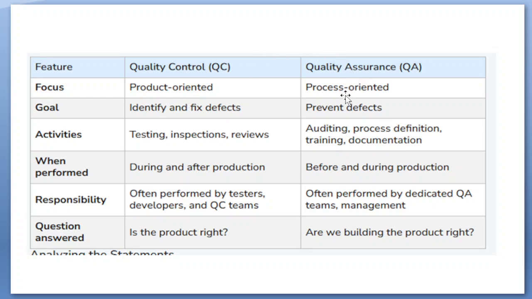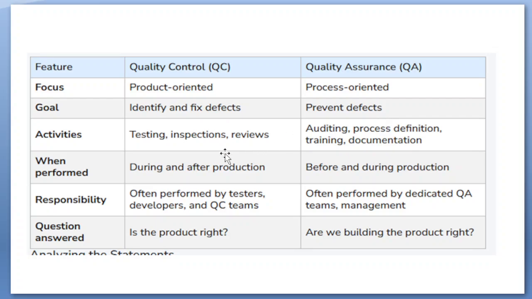But quality assurance is related to the process. The goal of quality control is to identify and fix defects, and quality assurance is to prevent defects. The job of the quality control team is to identify and fix defects, but quality assurance will make sure that defects do not come.